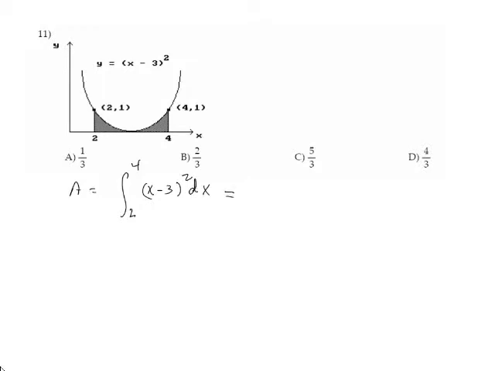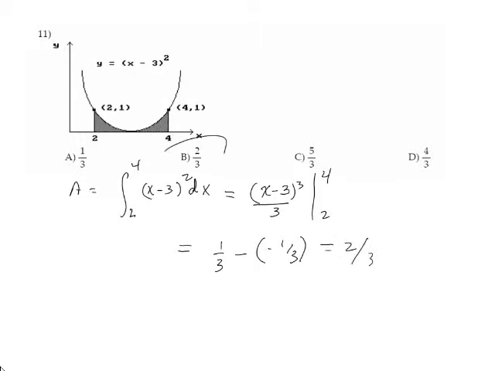And the antiderivative is pretty easy to calculate here. Just x minus 3 cubed over 3. You can verify by taking the derivative, and we evaluate between 2 and 4. And so plugging in, we get 1/3 minus negative a third, equal 2/3. And the answer is B.